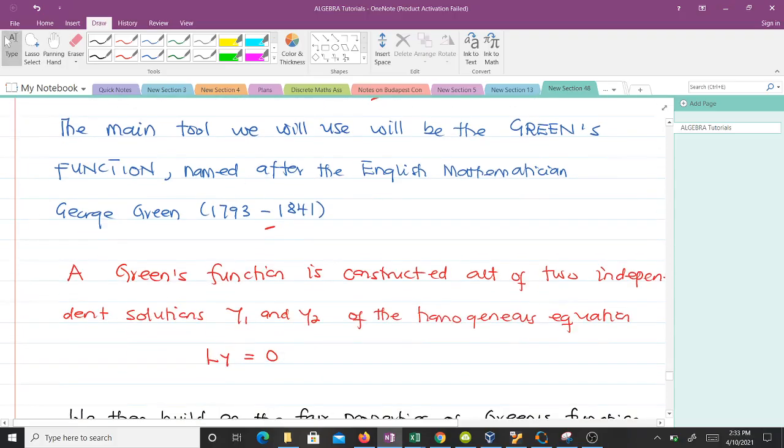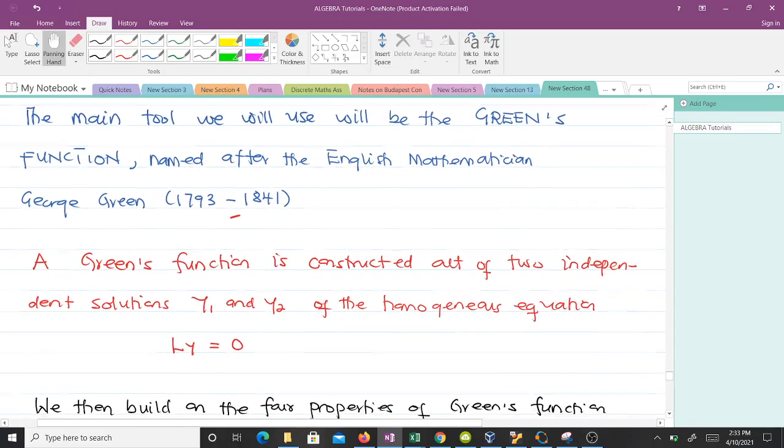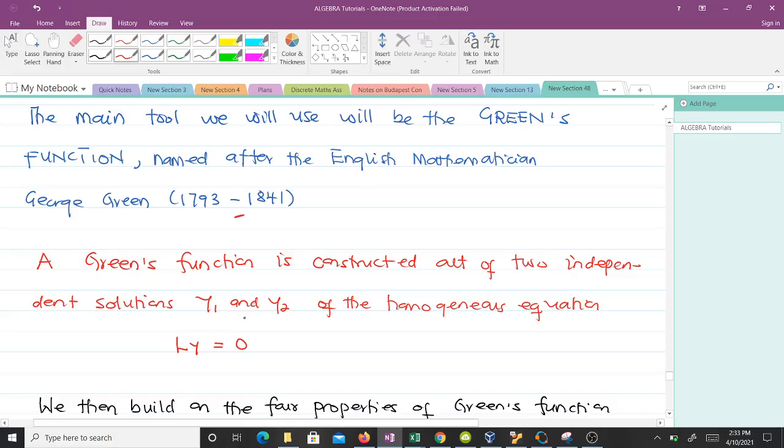When we have a boundary value problem and you are trying to solve it, a Green's function is constructed out of two independent solutions, y1 and y2, of the homogeneous equation. That means we use the Green's function to solve the homogeneous part of our differential equation with boundary conditions.